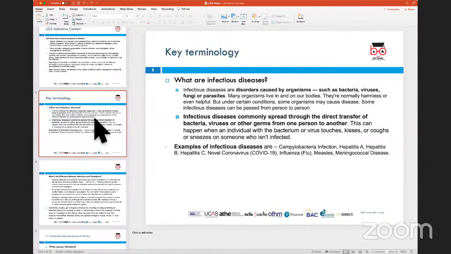So organisms which live off the skin or on the skin of a particular animal, or types of microorganisms which can be ingested or can go into your body and cause different types of reactions. Now, when we talk about infectious diseases, the infectious part of it means it can affect somebody.